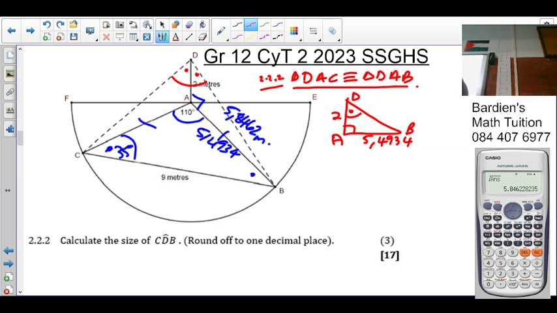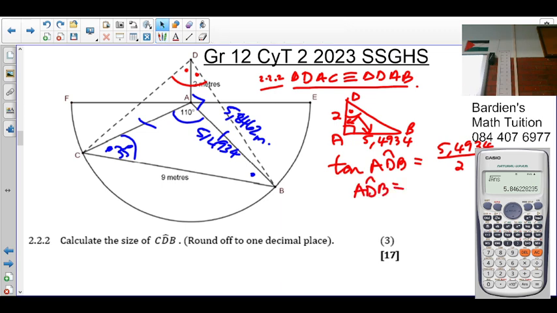Which trigonometric function uses opposite and adjacent? Tan. So I'm going to say tan of ADB is equal to opposite, which is 5,4934, over adjacent, which is 2. So ADB is equal to arctan, we shift tan of 5.4934 over 2, to get 69,99.